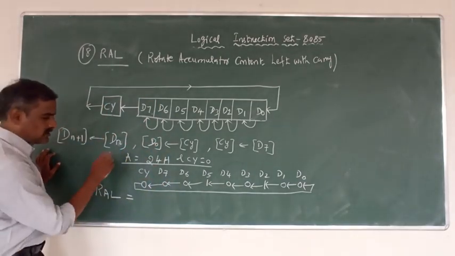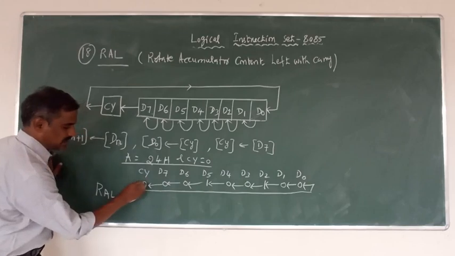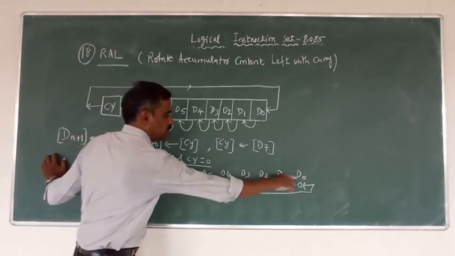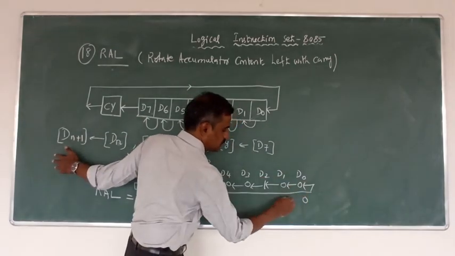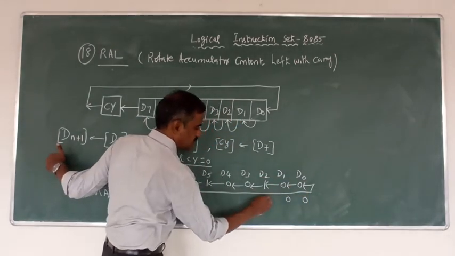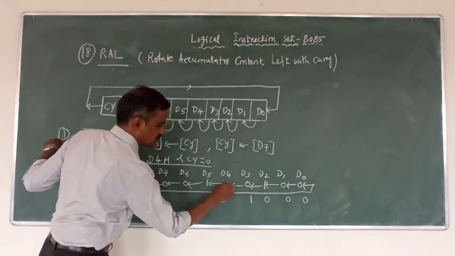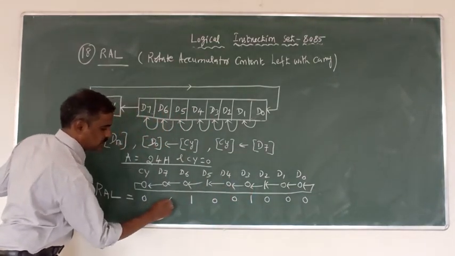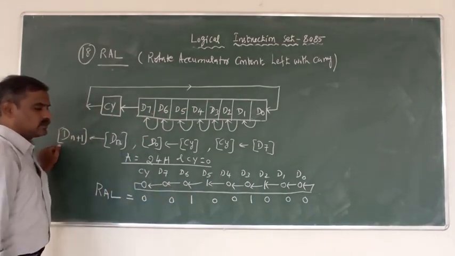After RAL, what will be the result? This 0 moves to carry, and the 0 moves to here, this 0 moves here, and then this is for 1 position, and this is 0, and 0 moves here.